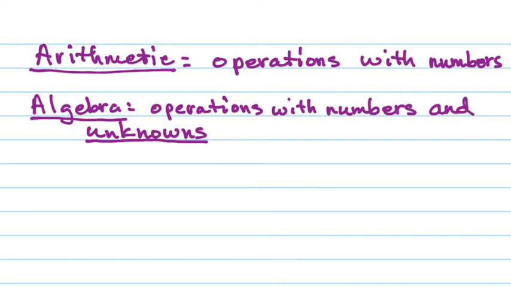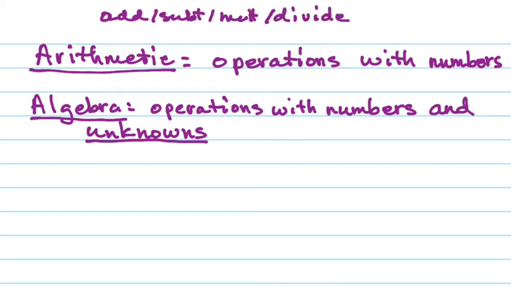Now, it's still the same 4 operations. You're never going to do anything other than add, subtract, multiply, divide. If you can find me a time when you do anything other than those 4 operations, then I will give you 8s on everything else and you can sleep for the rest of the year, because it doesn't exist.